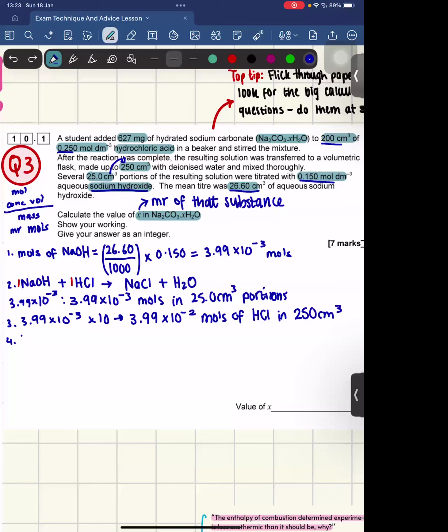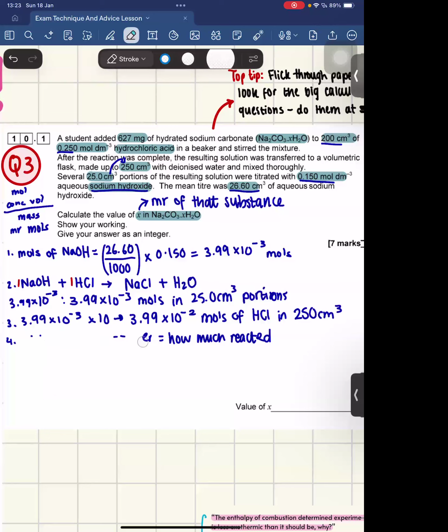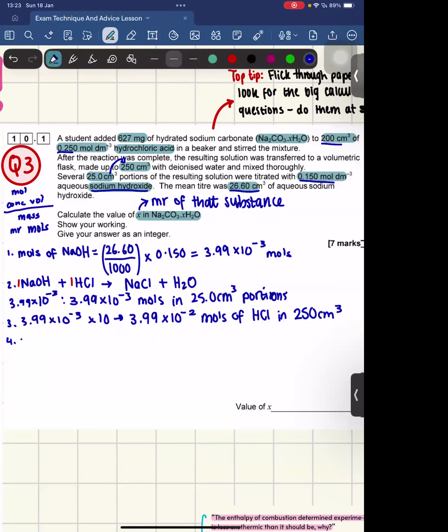Because if I had my initial amount minus excess left over, that's going to tell me how much reacted. Just to put it into perspective, right? I'm just going to rub that out because I don't think I'll have enough space. So how much initially reacted?